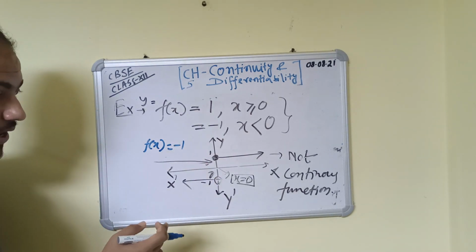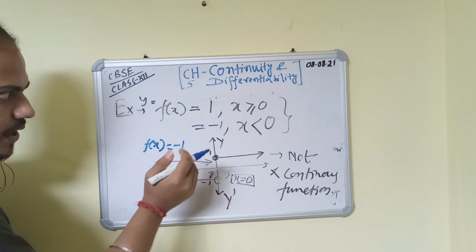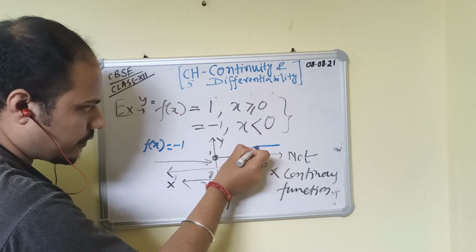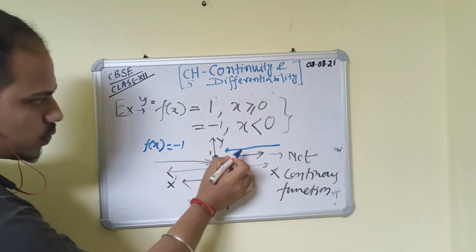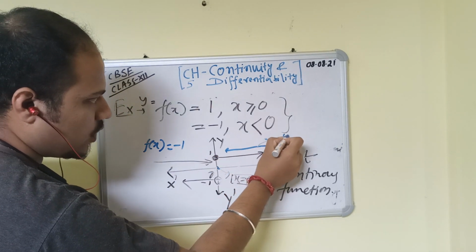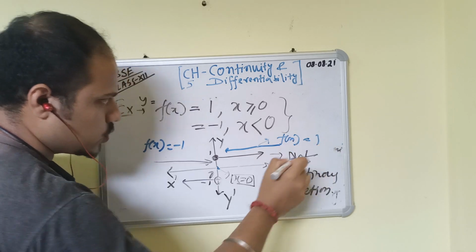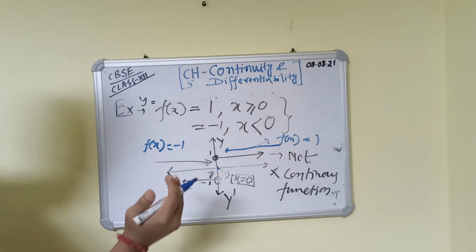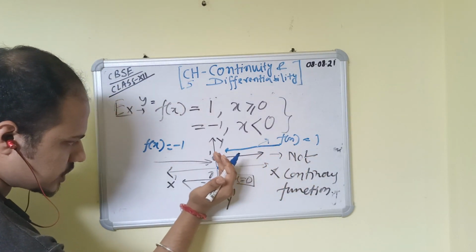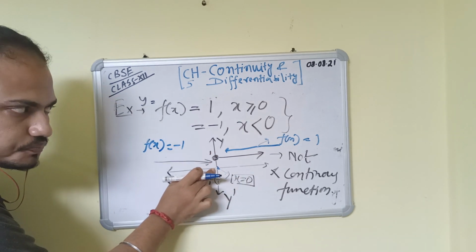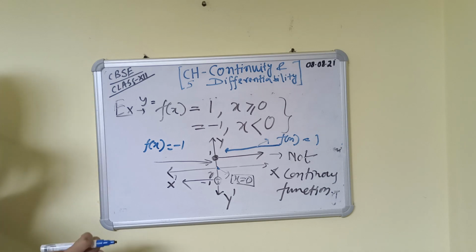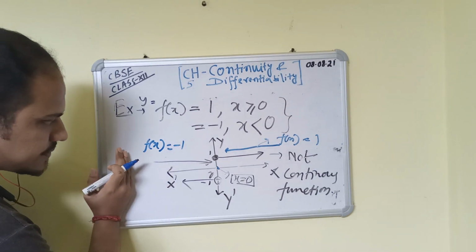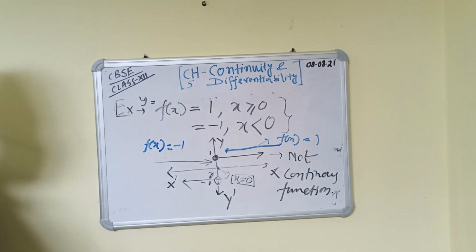And similarly, if we come from the right side to x equal to 0, in that situation the value of the function f(x) equals 1. When we come from the right hand side close to 0, the value of the function is 1. When coming from the left side to x equal to 0, the value of the function is -1.